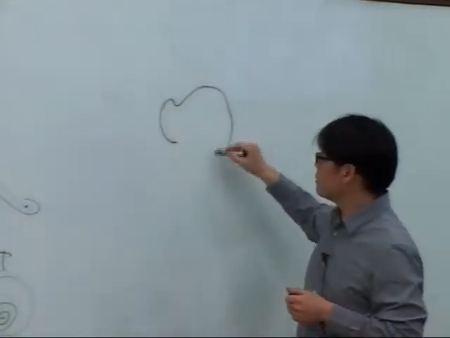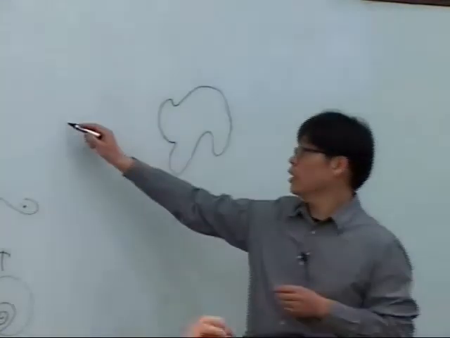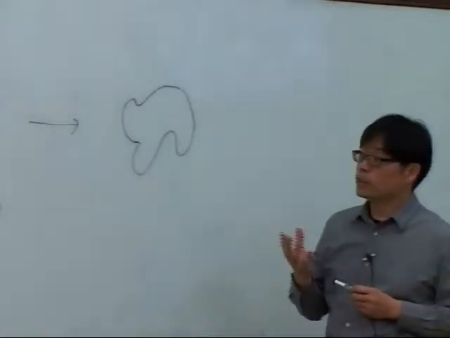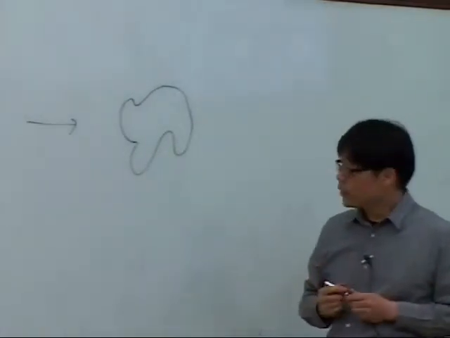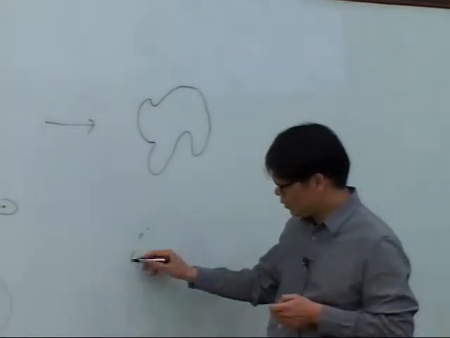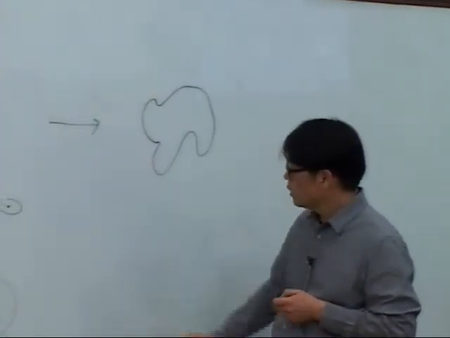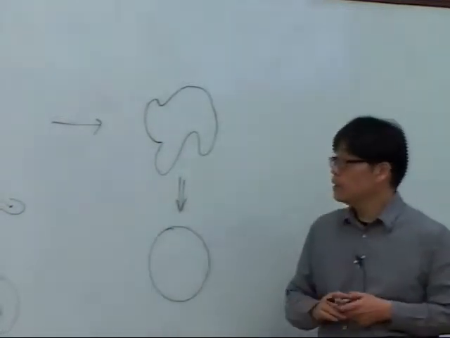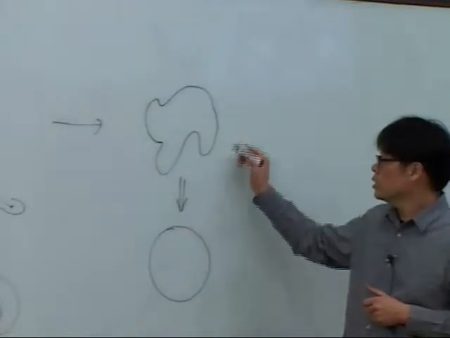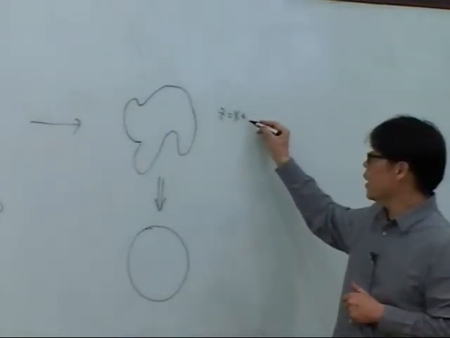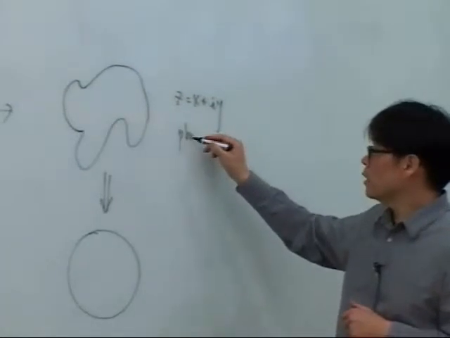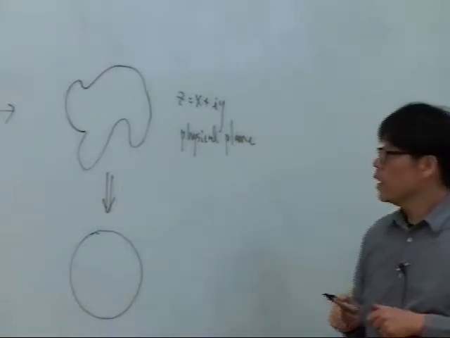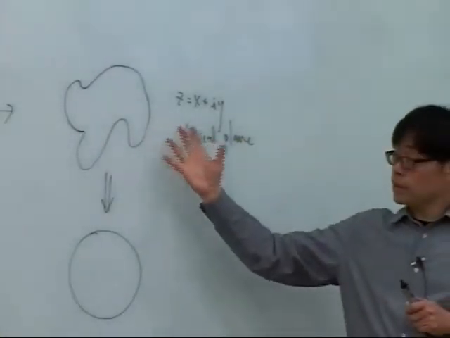So for example, if you have some body geometry like this, and you want to know the flow around this complex body geometry, if you use the complex variable theory, which I'm not going to talk about, then you can map. So there is some function between, so this is z, x plus iy. This is a physical plane. Okay? So this is a real shape in the physical plane.